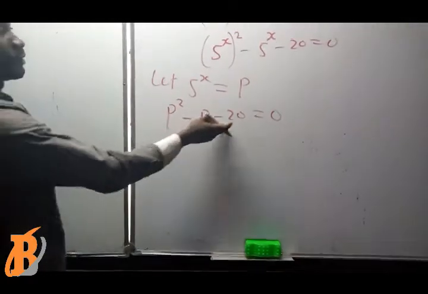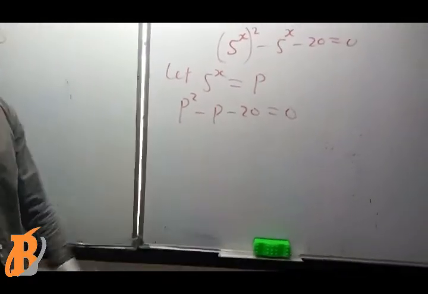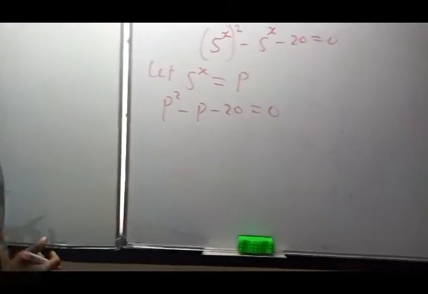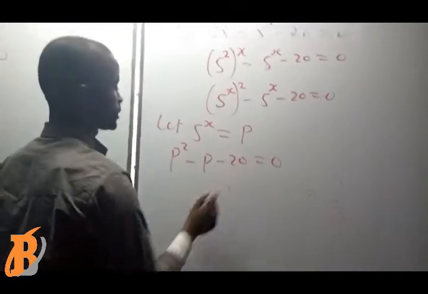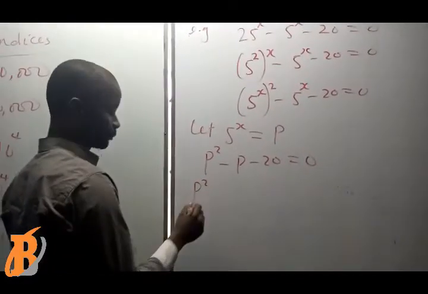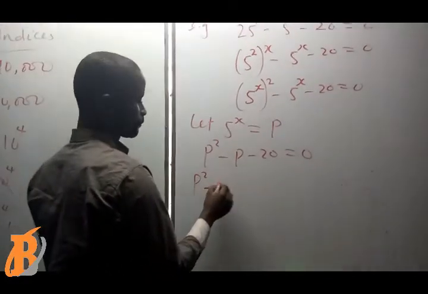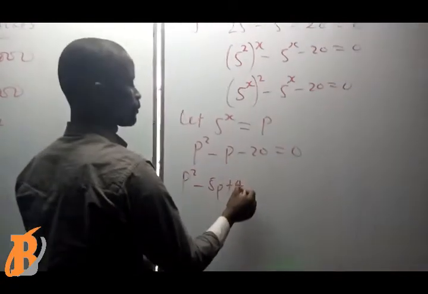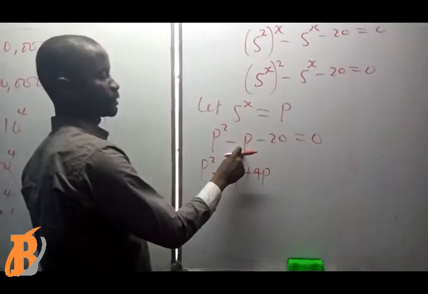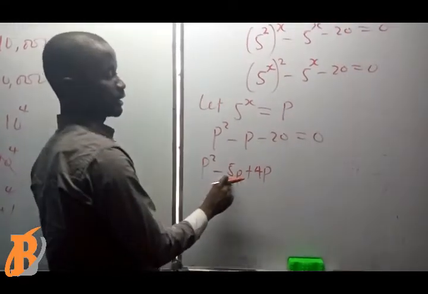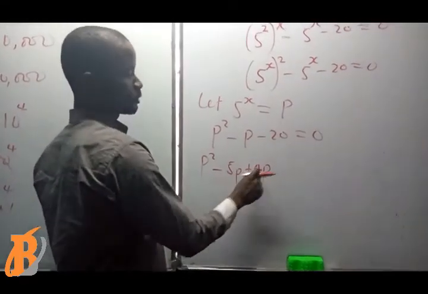Now look at this value, it's factorizable, so I'll apply the factorization method. Since you have minus p and minus 20, that will be p squared minus 5p plus 4p, because minus 5p and plus 4p is equal to minus p, and then minus 5 times plus 4 is equal to minus 20.